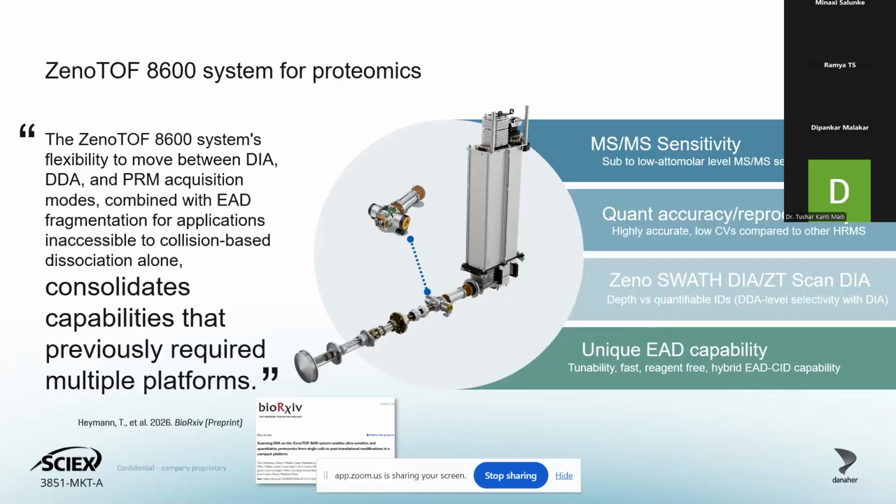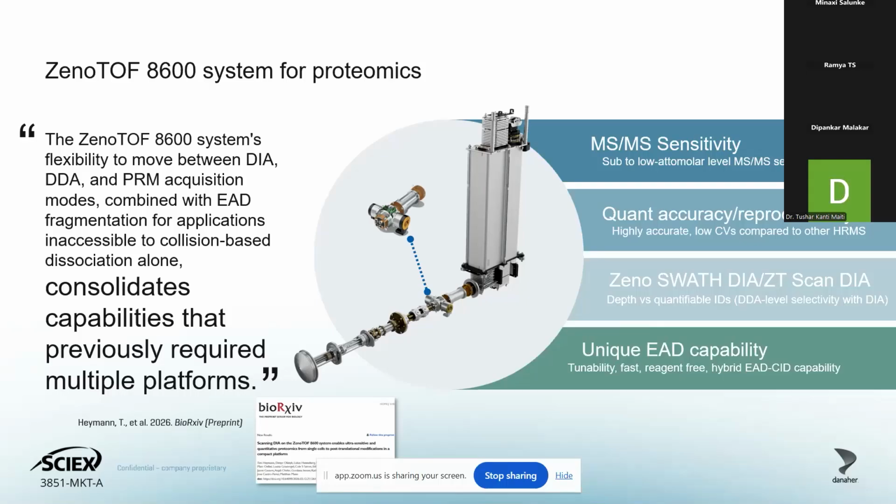The CV percentage plays an important role, especially for DIA and differential proteomics analysis. Here you can see very low CVs, less than 5% in many cases, across different levels of proteomics analysis, like low abundant, middle abundant, or high abundant proteins. The CV percentage is very good.